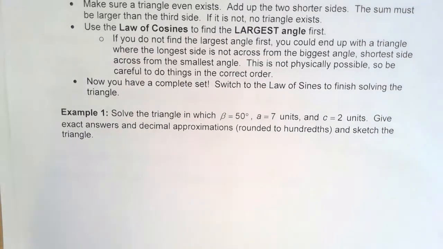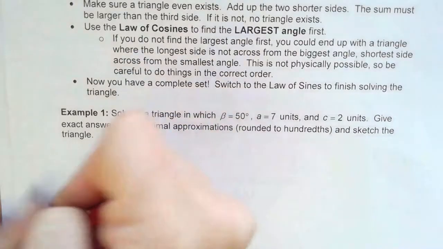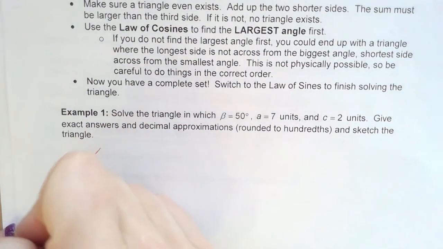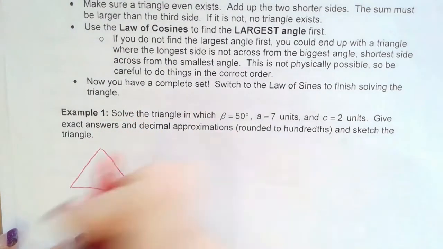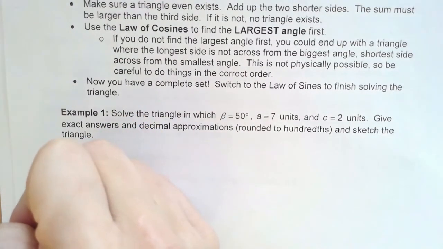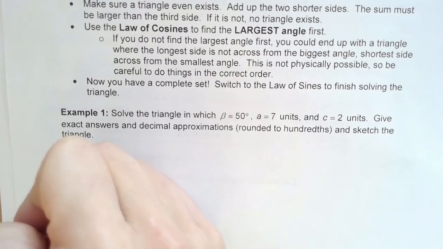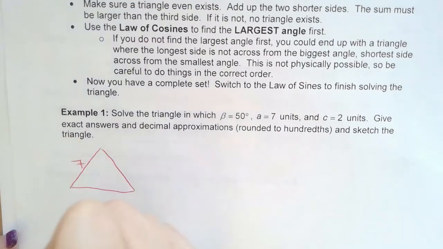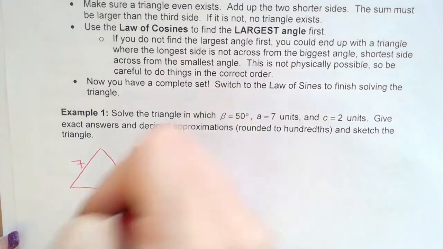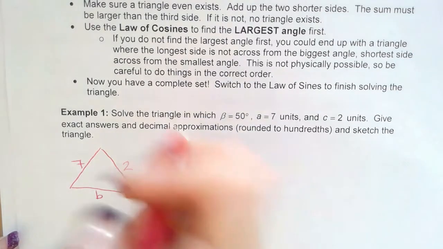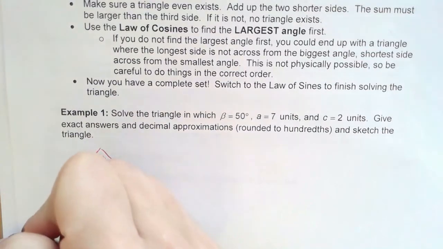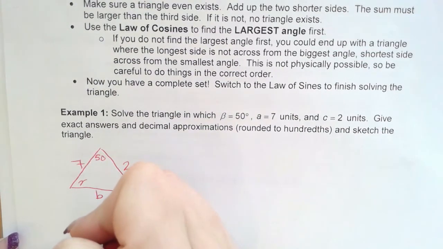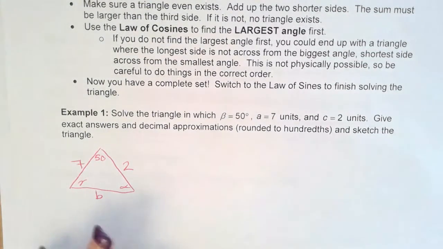Of course, remember from last time, the sketching is not as great, but I'm still going to make the triangle so I can see what sides I have. So if this is side a, which is 7, let's say this is side b, this is side c, that means beta is right here, gamma, and alpha.